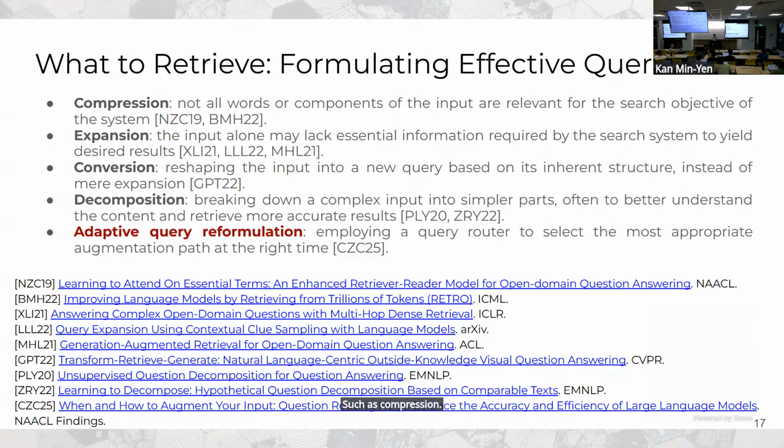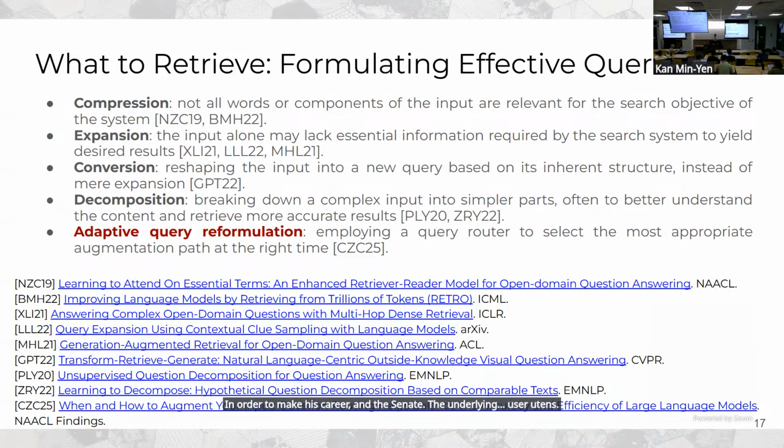That means given a long input search query, we compress it into a short query. For expansion, that means sometimes the input search query may lack some information, so we have to further expand the user query in order to make clear that we understand the underlying user intent.